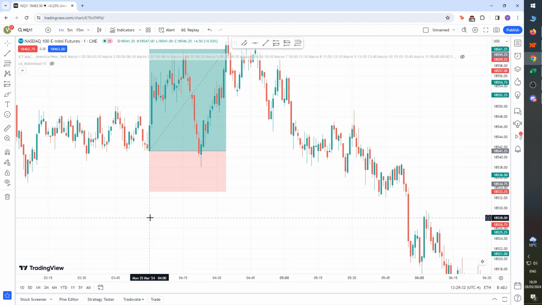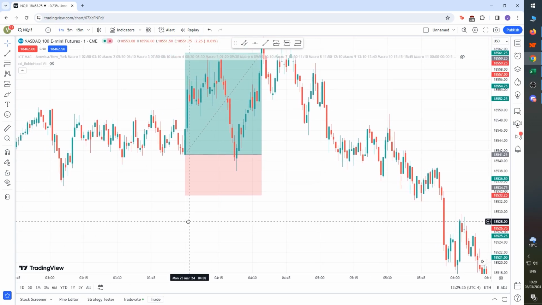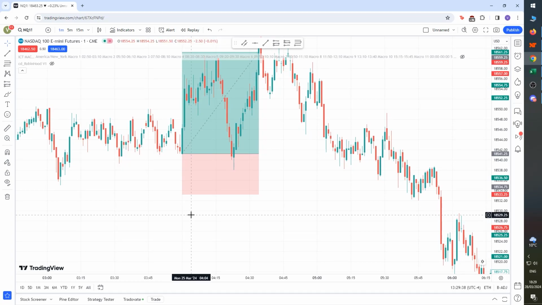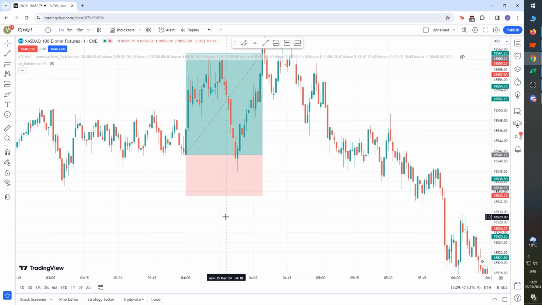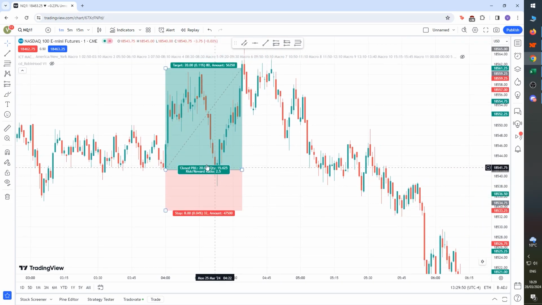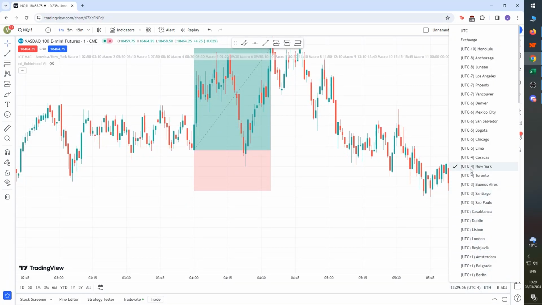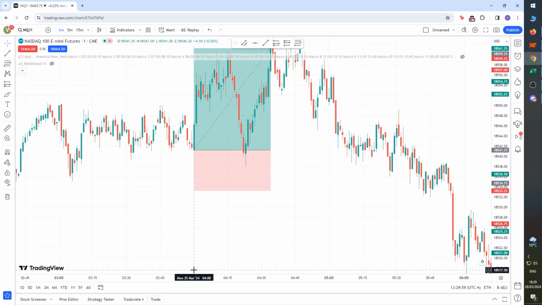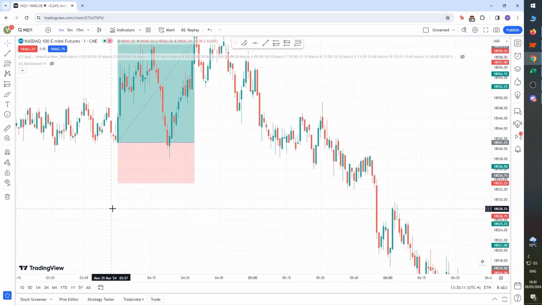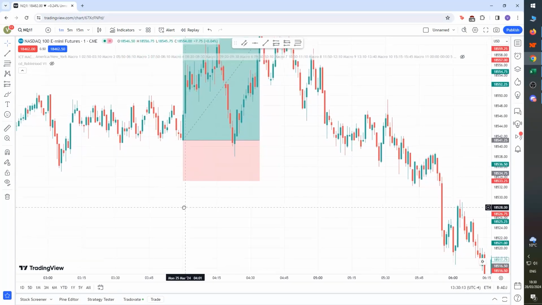If you're in Germany, you're the same time zone as me, so 1 a.m. and 4 a.m. is going to change to 7 a.m. and 10 a.m. our time. But if you're ever in doubt, just put your TradingView in New York time, and it will always be 1 a.m. and 4 a.m. for them, whatever it is. So you can double check the day before or the hour before what time zone the trade is at. Good little trick.